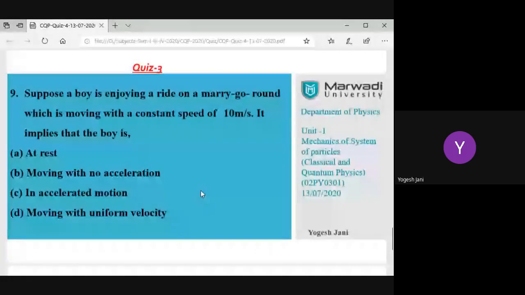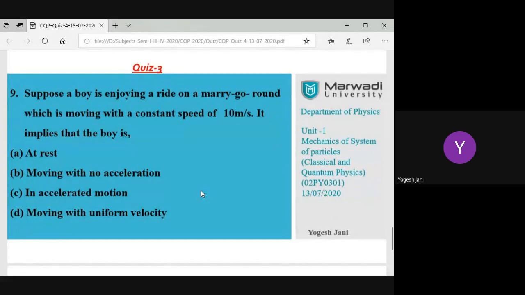I think we have almost discussed this question, so you can think and try. See question number 9. What should be your answer?